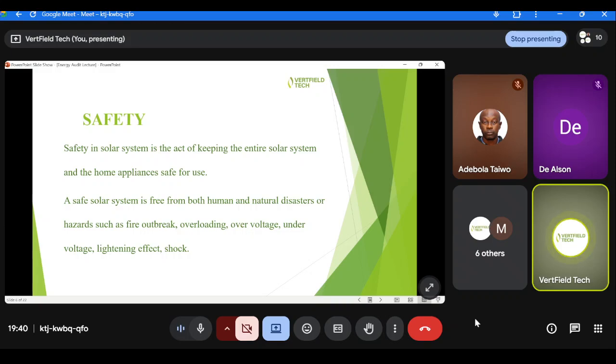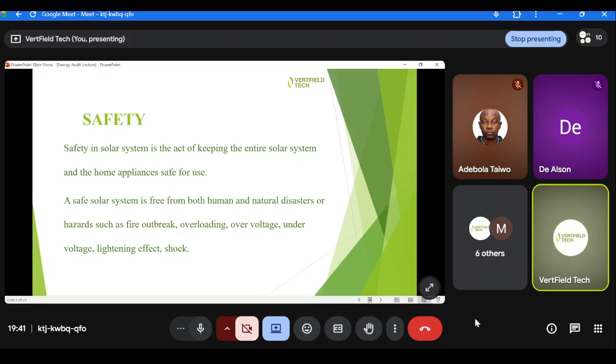A safe solar system is free from both human and natural disasters or hazards such as fire outbreak, overloading, overvoltage, undervoltage, lightning effect, and shock. Yes. So even some persons go as far as asking, is earthing important in your solar system installations? Yes, it is very, very important.